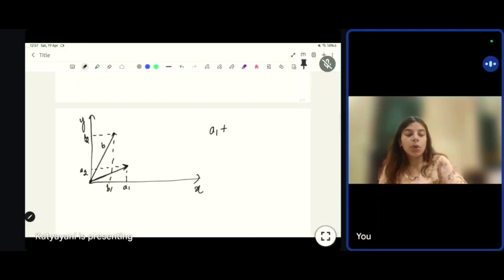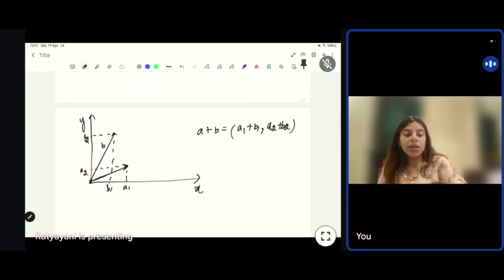What if I add these two vectors? What if I add a1 plus b1? What would happen, right? As I told you, I have to add the corresponding elements. So if I add a and b, I have to add the corresponding elements, a1 plus b1, and then a2 plus b2, right?